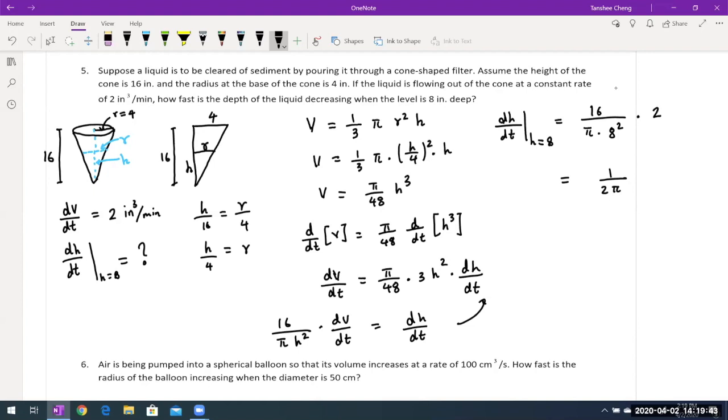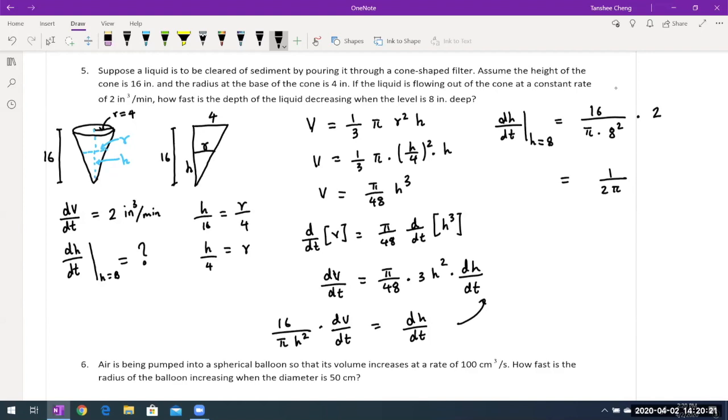Now notice that in this problem, I'm not sure you thought about this or not. In the beginning, I never put a negative sign when I mentioned the volume is decreasing, or leaking out, flowing out at the rate of 2 inches cubed per minute. I never indicated that with a negative sign. So when I got my result at the end, notice that I got a positive value, 1 over 2 pi.